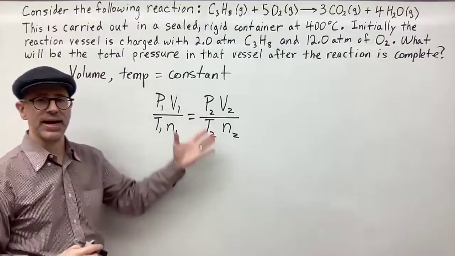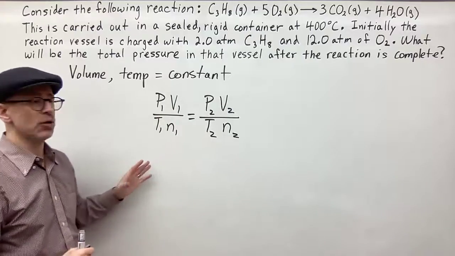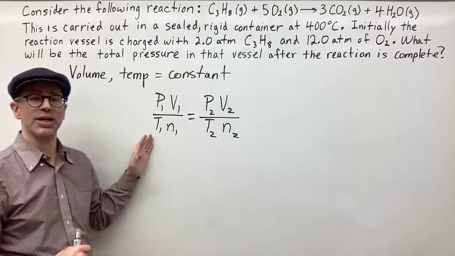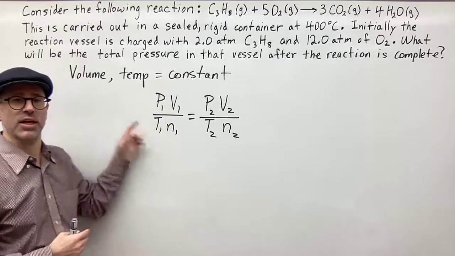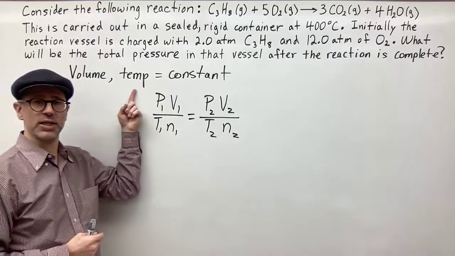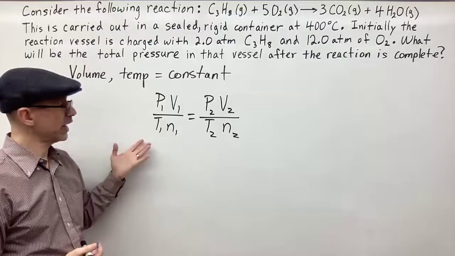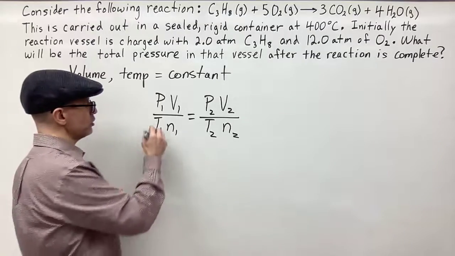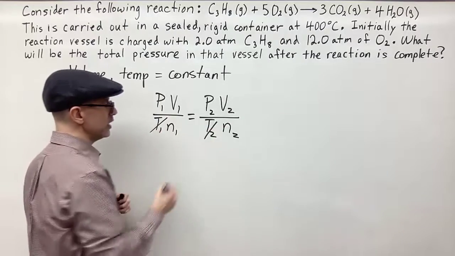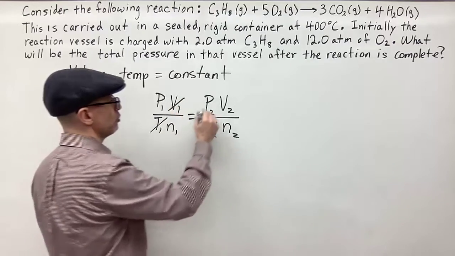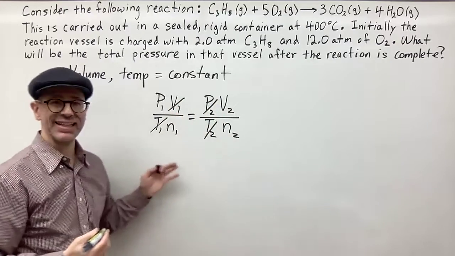So here's the combined gas law equation. Now what you do is you eliminate anything that's constant. We know that volume and temperature are constant, so we're going to get rid of volume and temperature. Temperature is eliminated and volume is eliminated. And what does that leave?